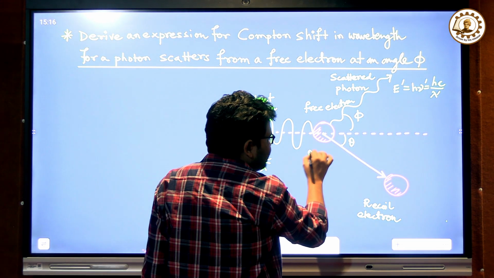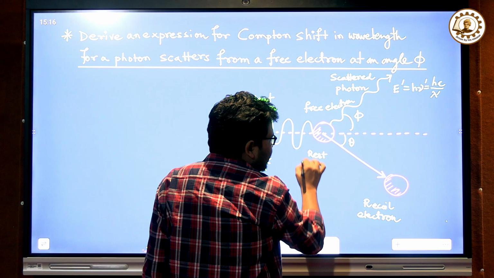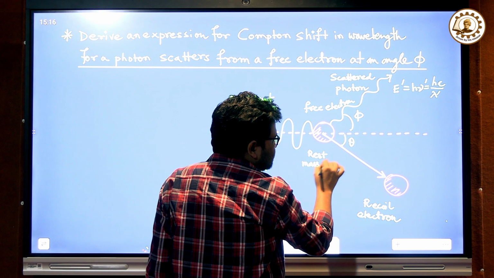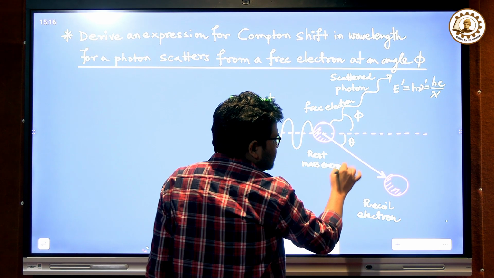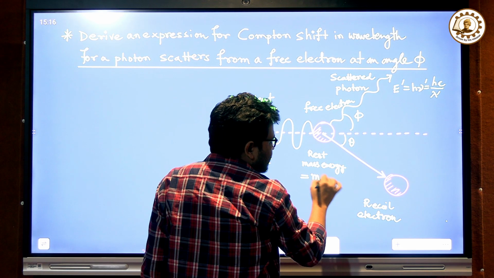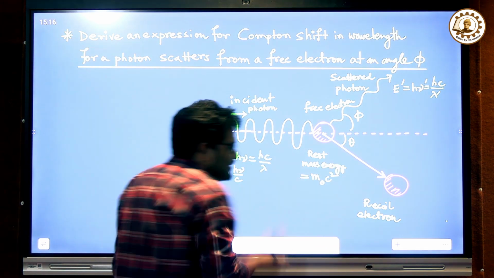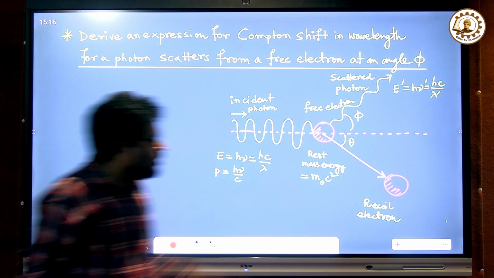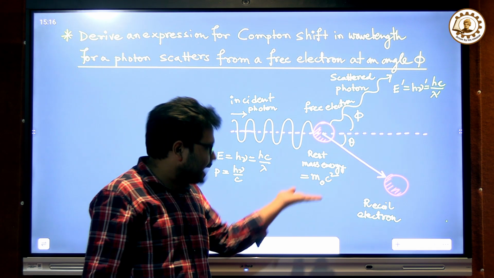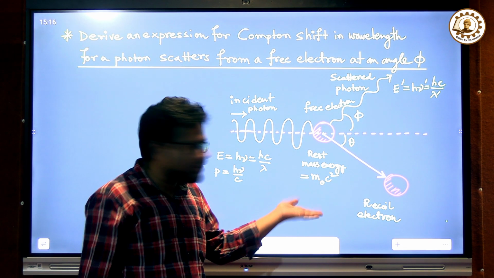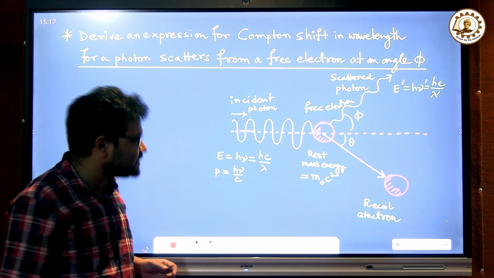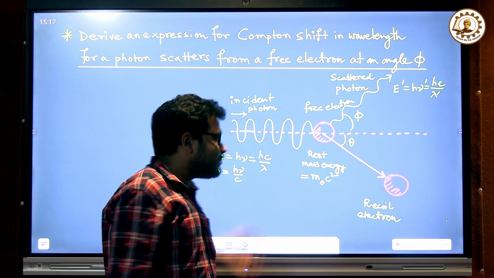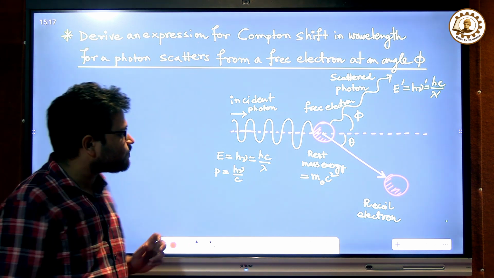So initially this electron has rest mass energy equal to m0 c square. This is the expression for rest mass energy. What is m0? m0 is the rest mass of this electron, and c is the velocity of light in free space. So m0 c square represents the rest mass energy of the electron.